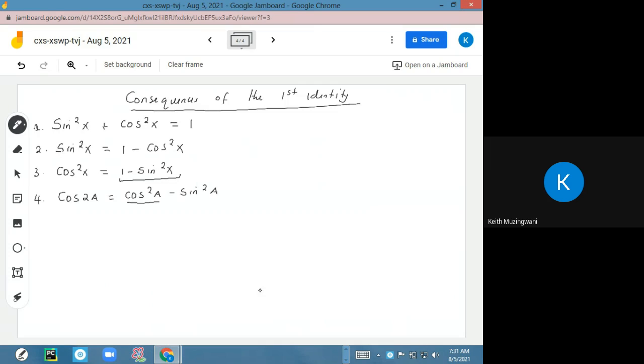We'll have cos 2a as 1 minus sine squared a minus sine squared a. This is just 1 minus 2 sine squared a, as you can see.